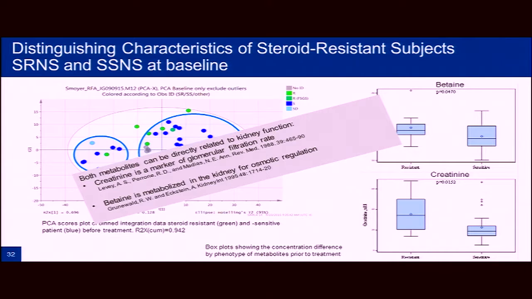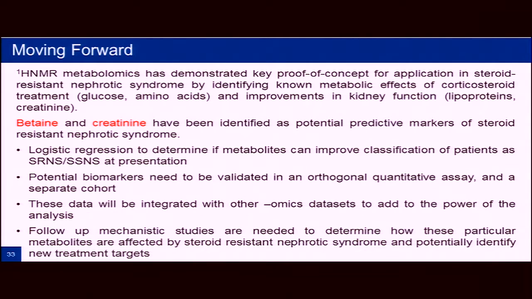And we'd like to move forward doing more statistical analysis to evaluate whether this can actually improve classifications of patients beyond, say, our classic risk markers of patient age at presentation and the like. And then we'll need to validate that, and this goes for other studies that I'm going to show you, in an orthogonal quantitative assay as well as in a separate cohort.